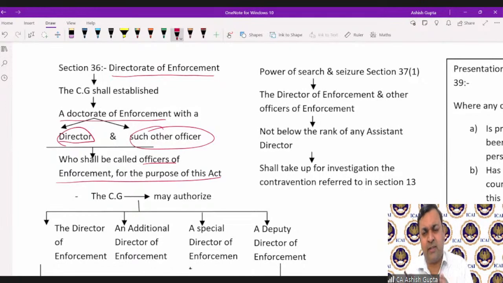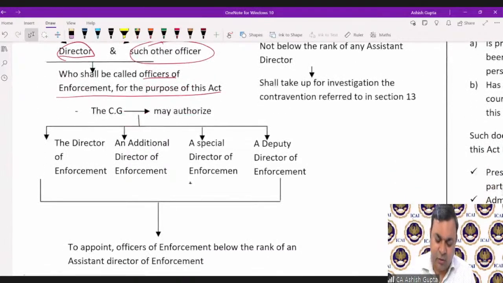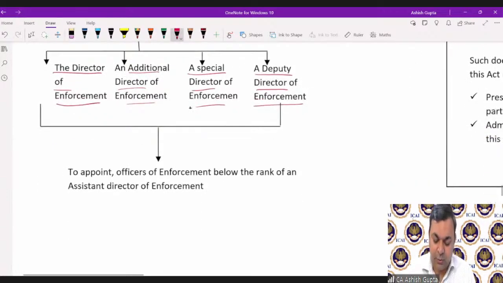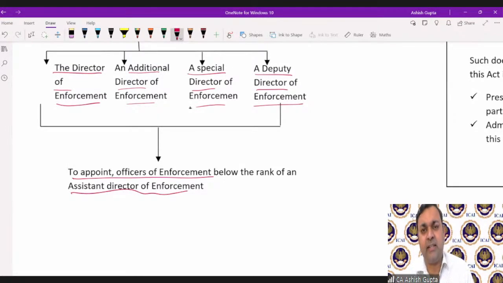Now, all these 4 to 5 sections are purely theoretical concepts. The central government may authorize the Director of Enforcement, Additional Director, Special Director, and Deputy Director of Enforcement to appoint officers of enforcement below the rank of Assistant Director of Enforcement.